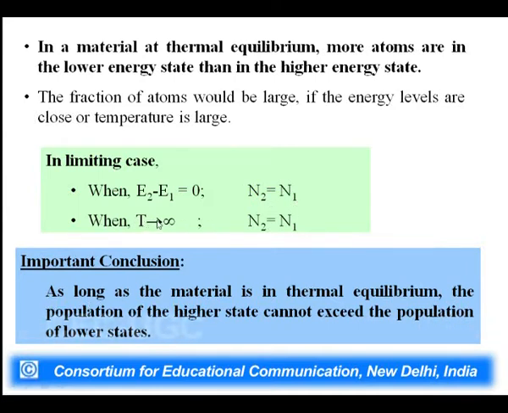When T approaches infinity, the same condition holds, N2 = N1, and the populations of the two states are equal. From this we can say that as long as the material is in thermal equilibrium, the population of the higher state cannot exceed the population of the lower state.